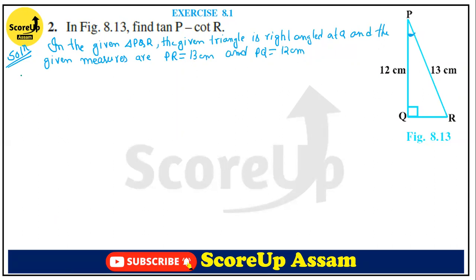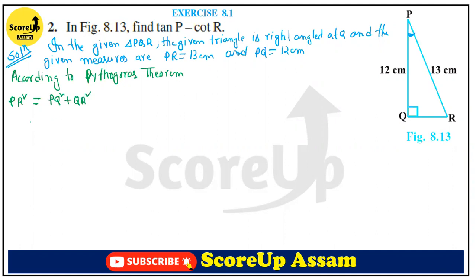So applying Pythagoras theorem, this is capital P. According to Pythagoras theorem, we can write that PR square equals PQ square plus QR square.